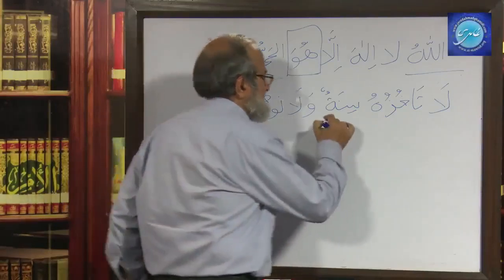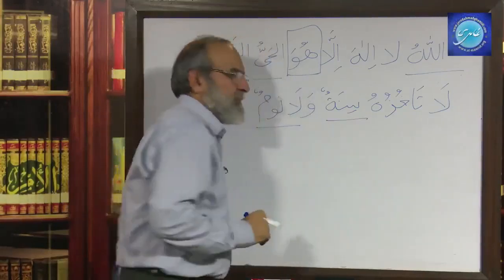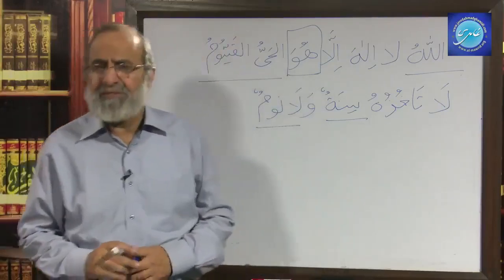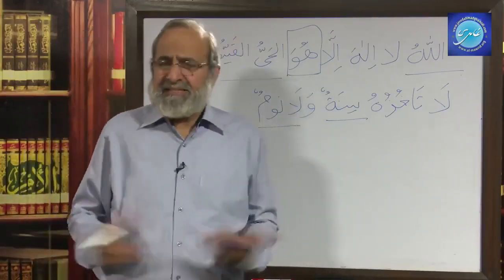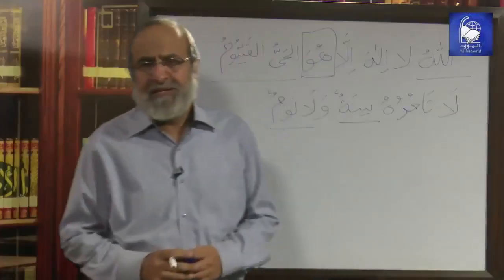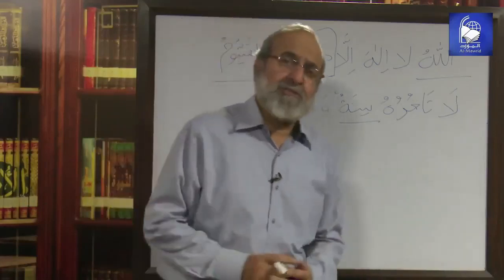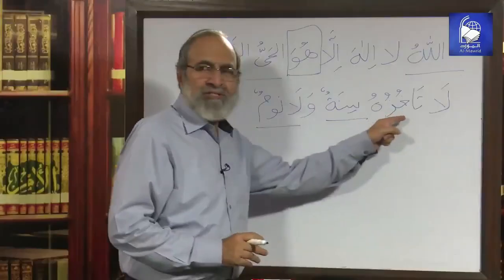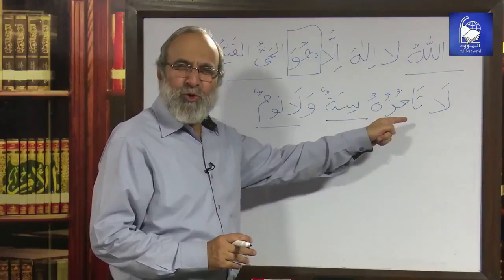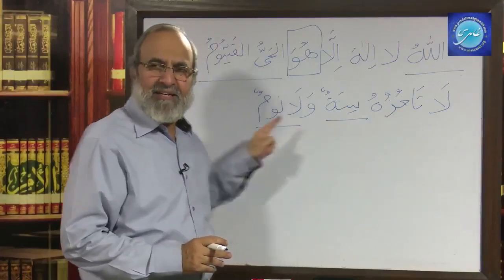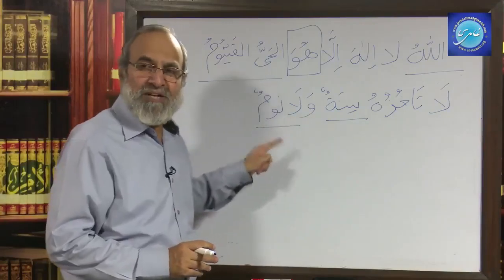Now, both these words are in the form of rafa. And obviously, the nominative case has to be justified. And I hope that you have almost reached the reason. It's because ta'khuzuhu, overcomes or doesn't overcome, is a verb, and these are both the doers of that verb.